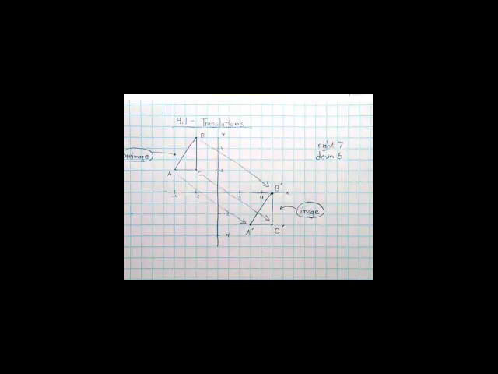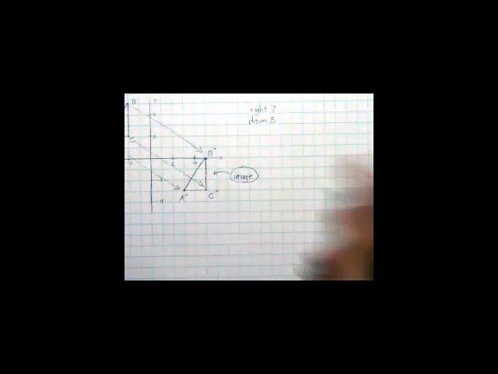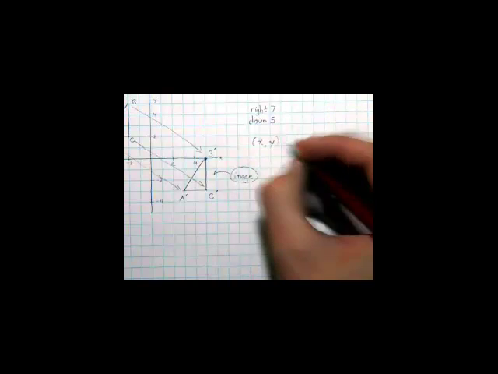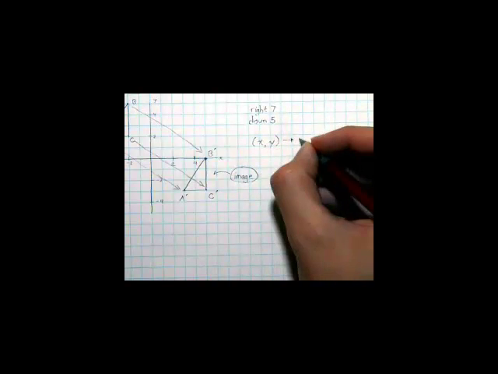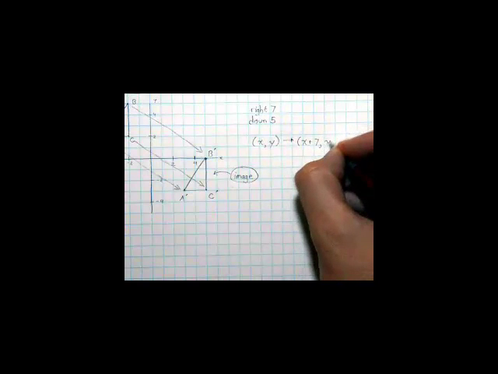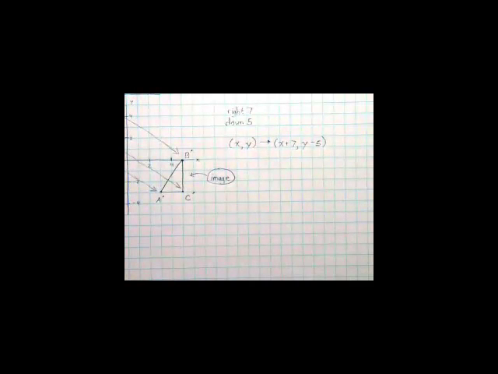If you want to actually write that as a rule, it's also called a mapping, but in a rule, it's kind of like making it into a little bit of an algebra problem. So instead of saying right 7, down 5, we would write it like this. Okay, everybody see what I did there?